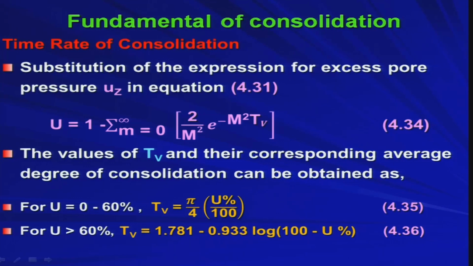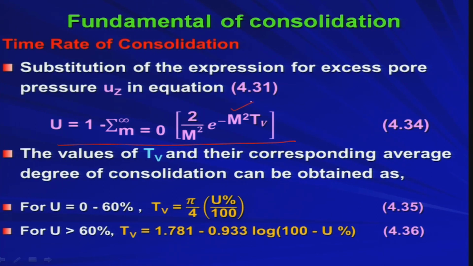So, now substitution of the expression for excess pore water pressure u_z in equation 4.31, that is the fundamental equation whatever we have derived for 1D consolidation, then we will be getting the average degree of consolidation, capital U, equal to 1 minus the summation over m equal to 0 to infinity of 2 by M squared, capital M squared, into e to the power minus M squared T_v.